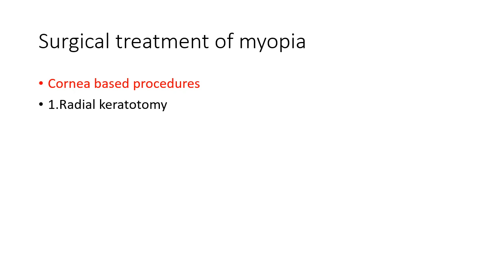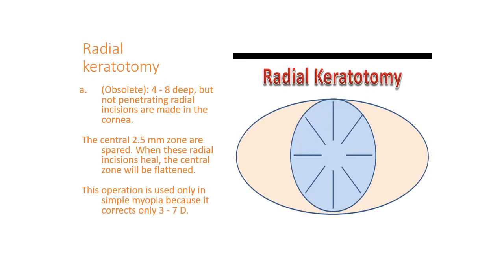So we will just see the cornea based procedures. First is the radial keratotomy, now it is obsolete. But just to know the history, 4 to 8 deep but not penetrating radial incisions are made in the cornea. The central 2.5 millimeter zone, called the optical zone, was spared.